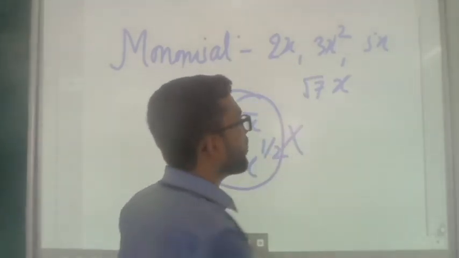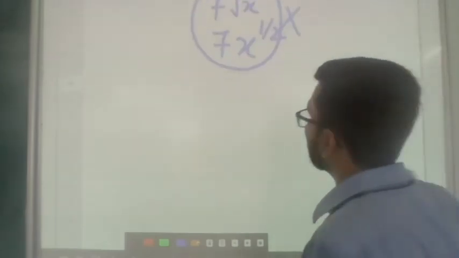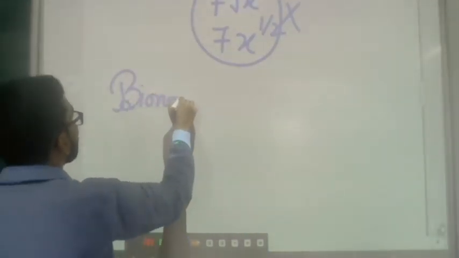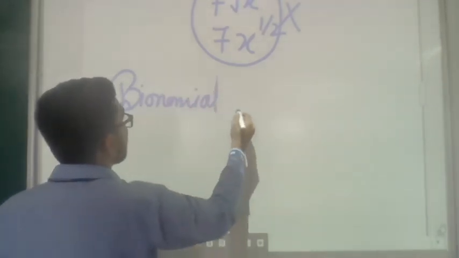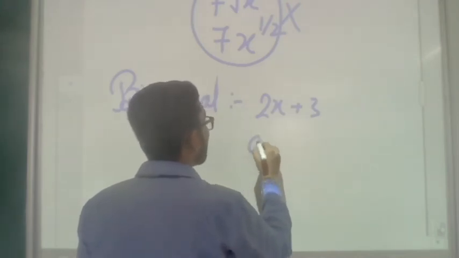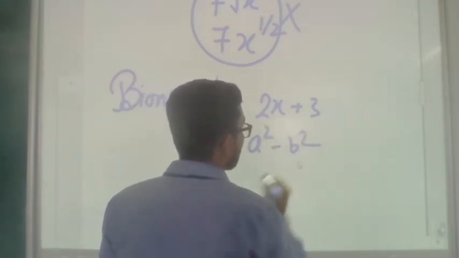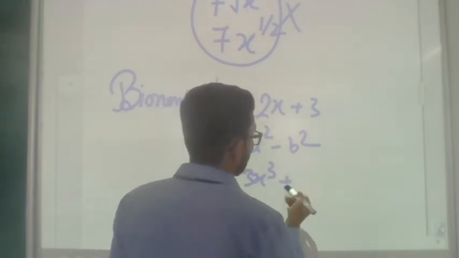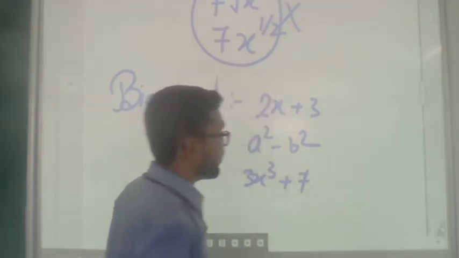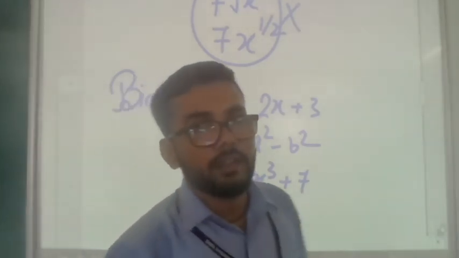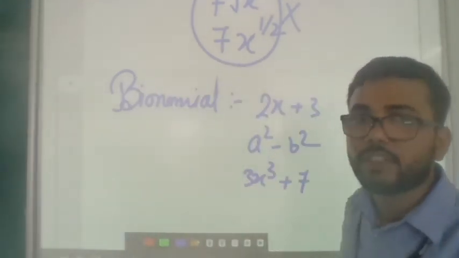Similarly, binomial. What is a binomial? A binomial is a polynomial having two terms, like 2x plus 3, a square minus b square, or 3x cube plus 7. These are binomials because they are algebraic expressions with two terms.